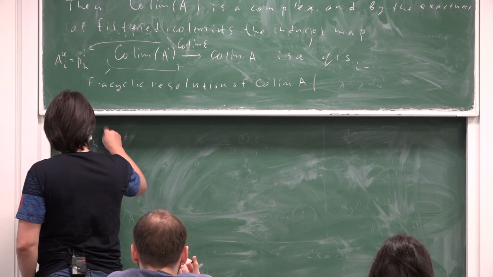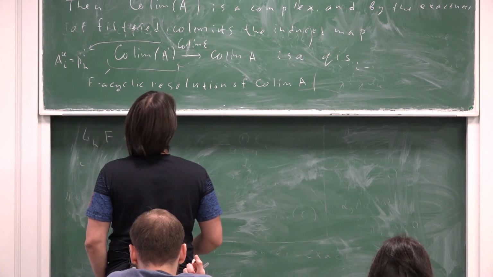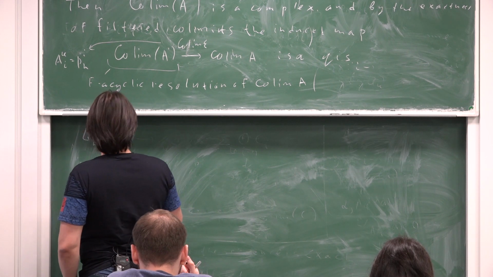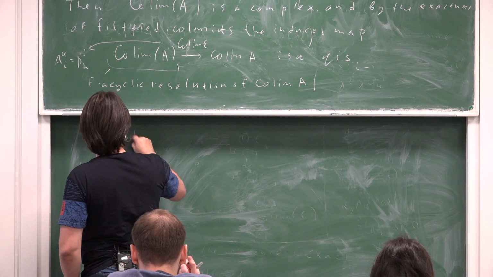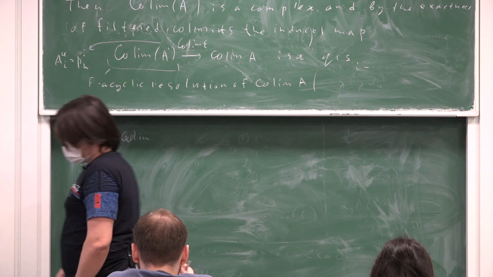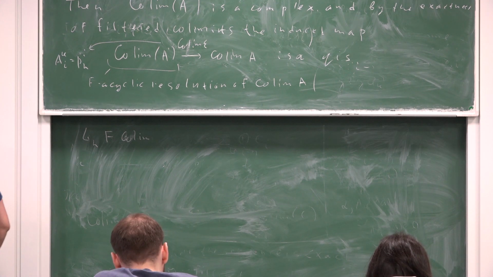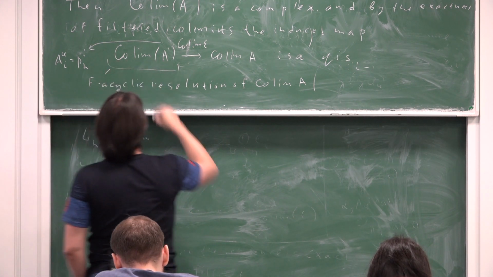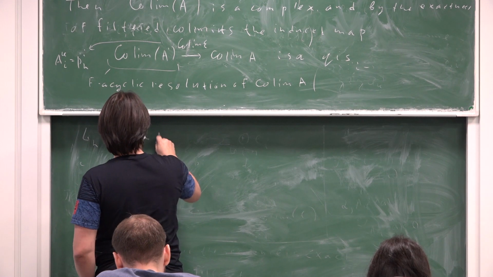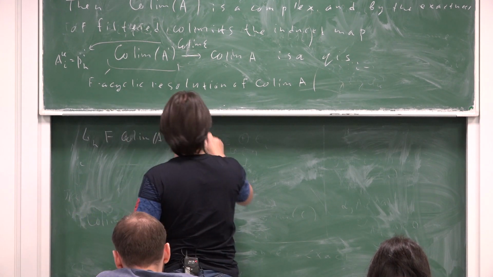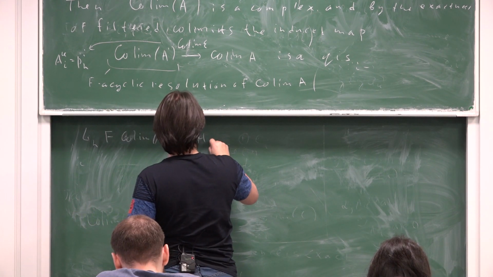So to compute the left-derived functor of the colimit, we need to apply f to this colimit and take the homology.